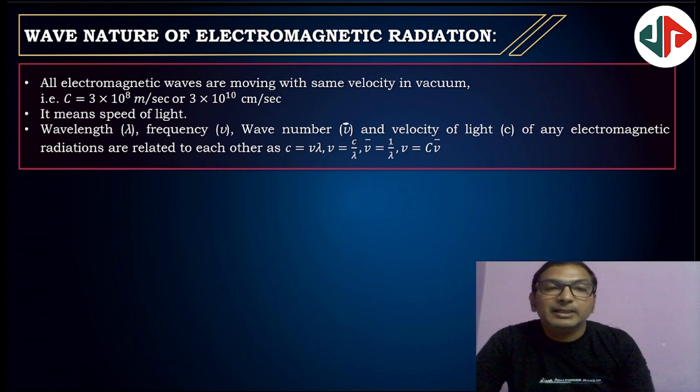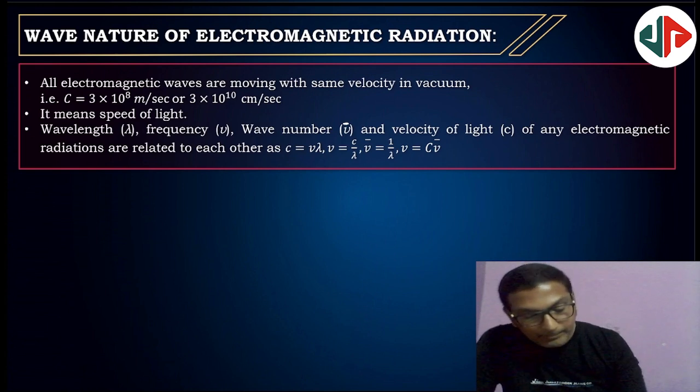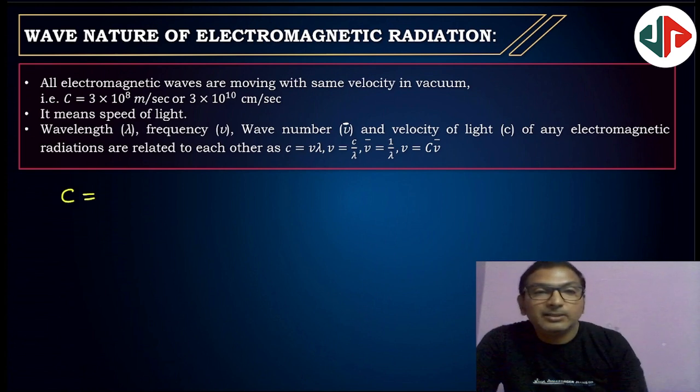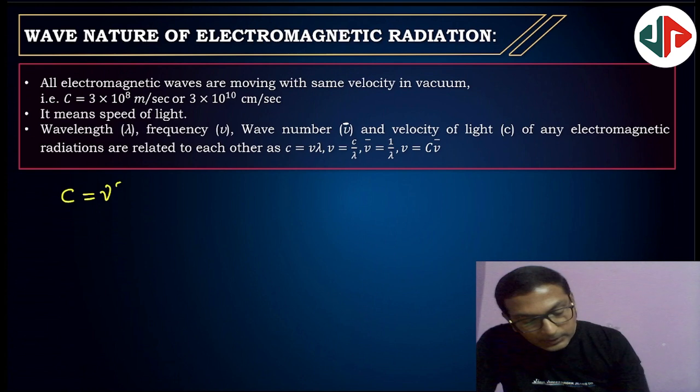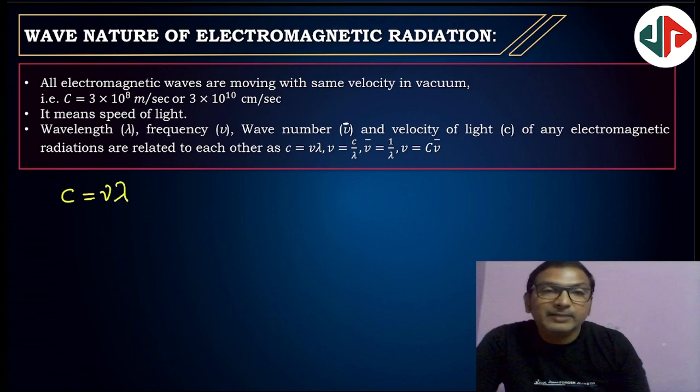Next, here different relations will be there. See here, relation between velocity of light and wavelength. C equal to nu lambda, where C is speed of light, nu frequency, lambda wavelength.